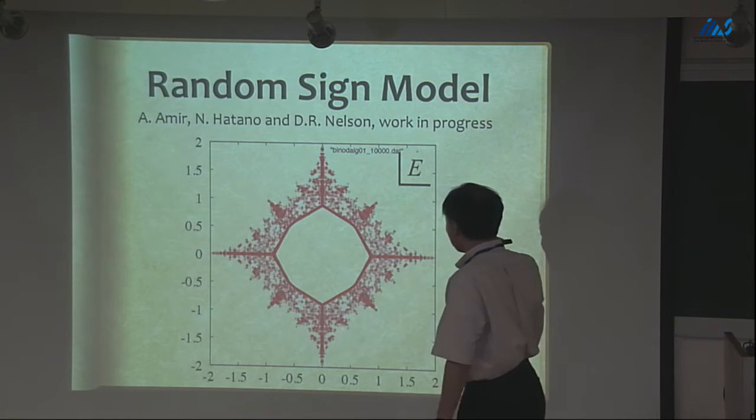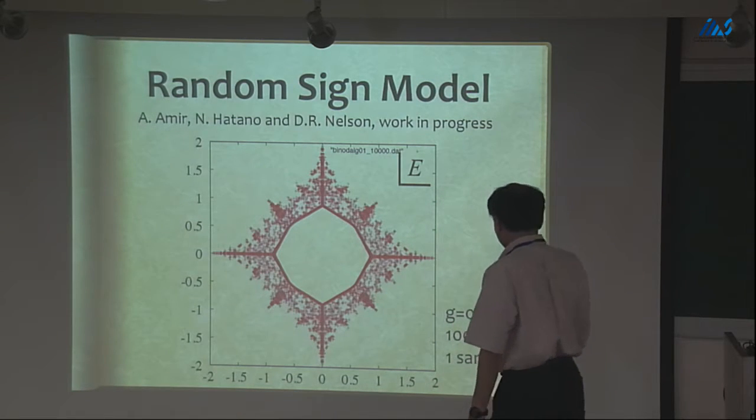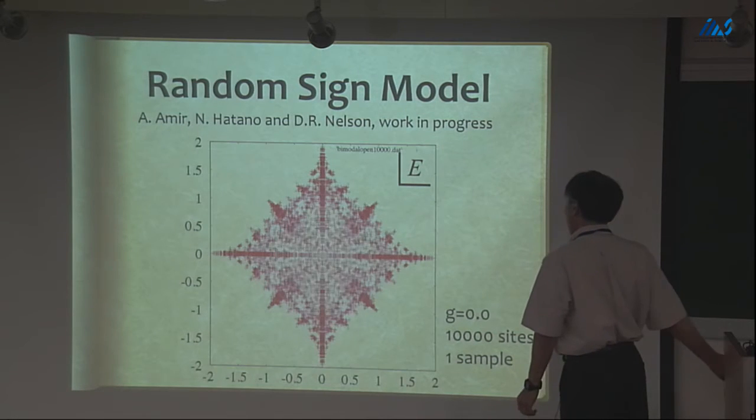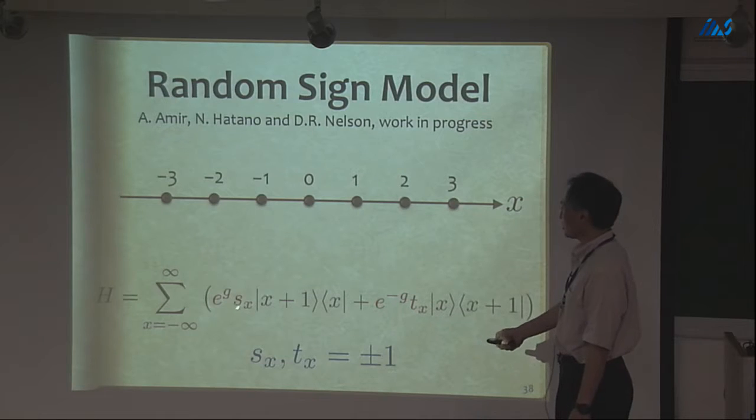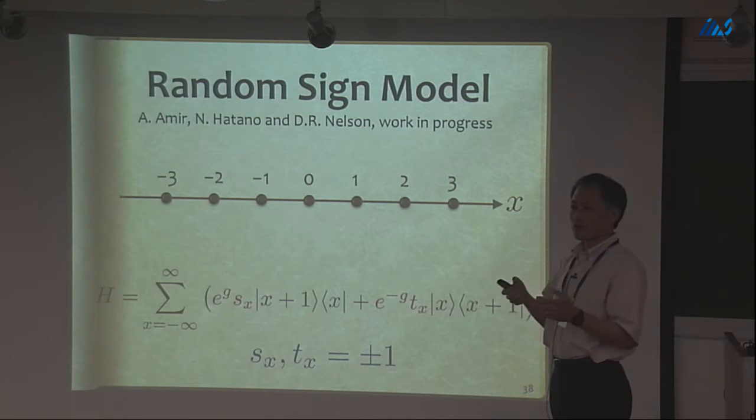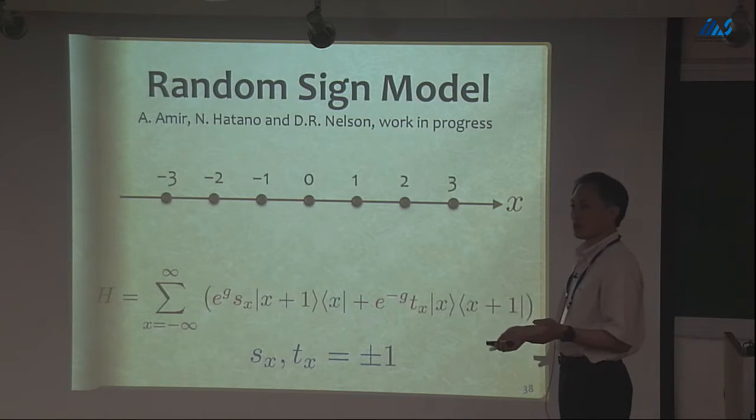So this one is for some value of G? Yeah. This is the spectrum of this model. By introducing G here, we can apply the same imaginary gauge transformation, and that still applies to this.